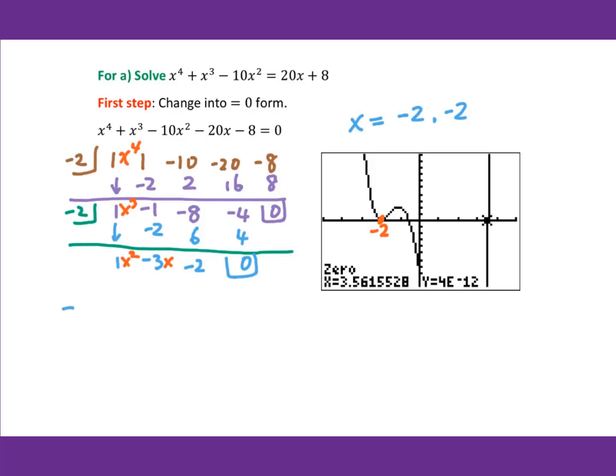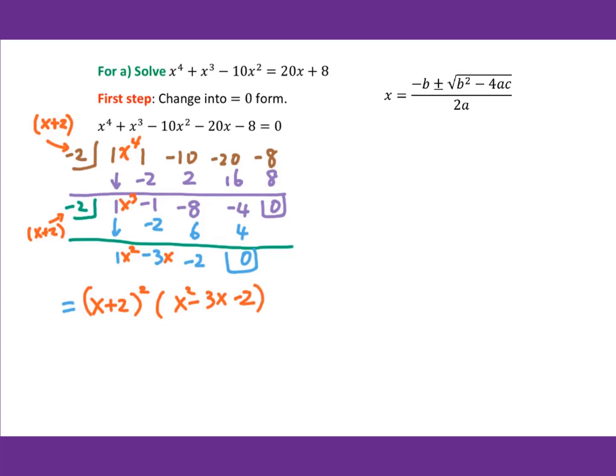So we can write down the factor form for this polynomial function. From here, the factor is x plus 2. From here, that's x plus 2. So we got x plus 2 squared times x squared minus 3x minus 2. Then we have to solve x squared minus 3x minus 2 equal to 0 by using the quadratic formula. So we got a equals 1, b equals -3, c equals -2.